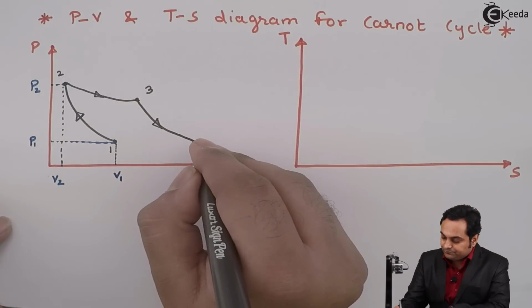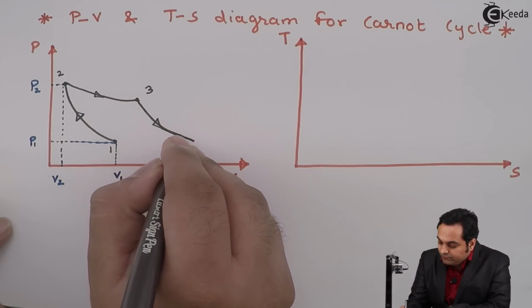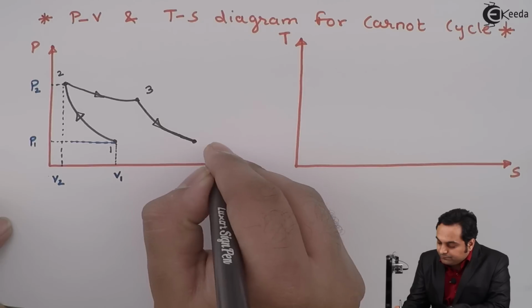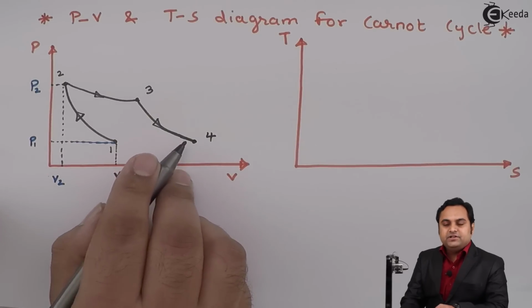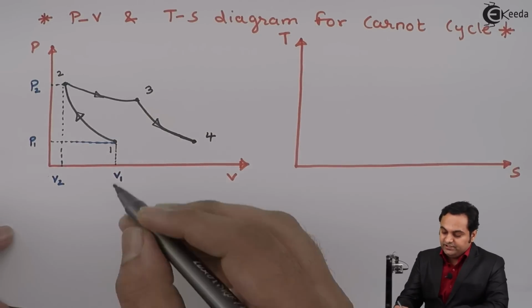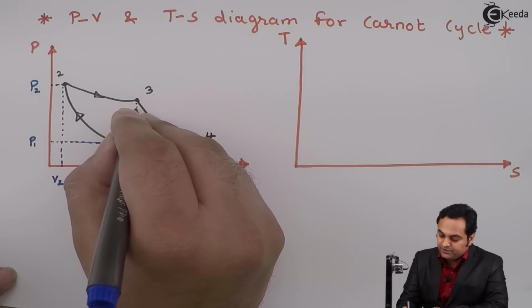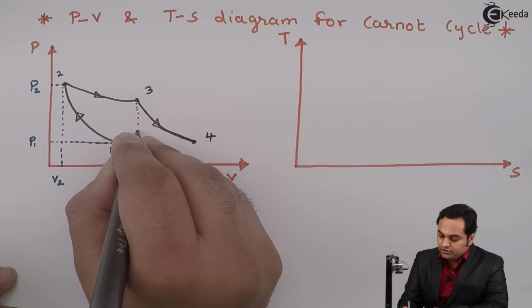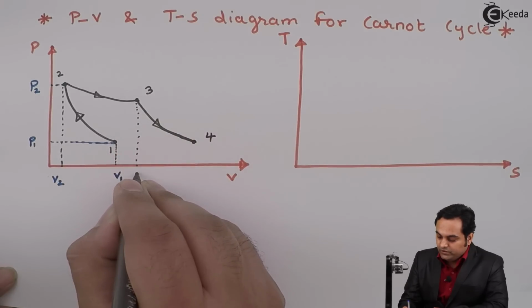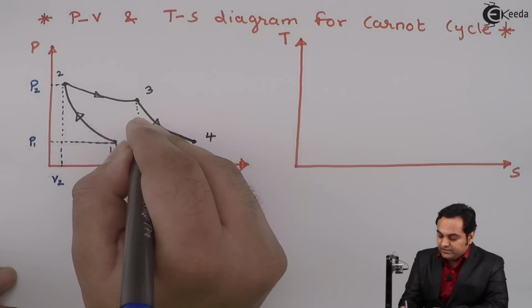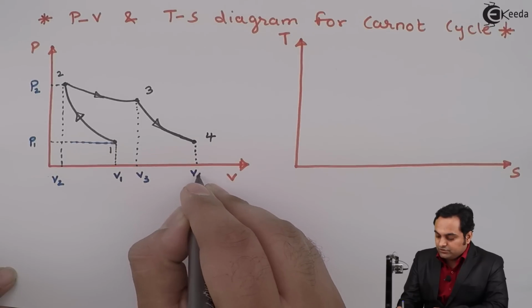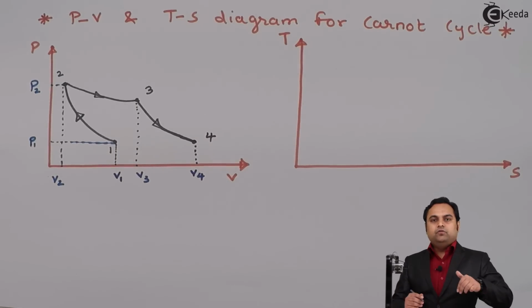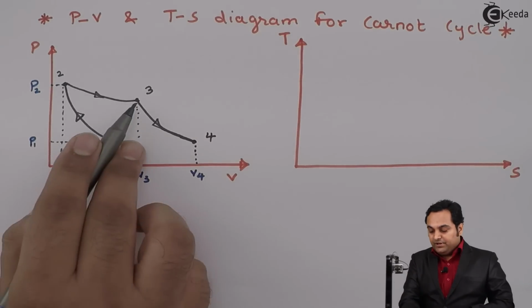So like we had drawn it for the compression process, parallel to that we'll draw a curve for expansion process. So here this curve which I have drawn, that is 3 to 4, indicates expansion process. So when the heat was added up to point number 3, here the volume was V3 and after the expansion has taken place, volume has increased, because during expansion the volume increases and pressure drops.